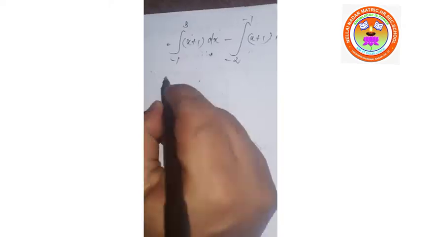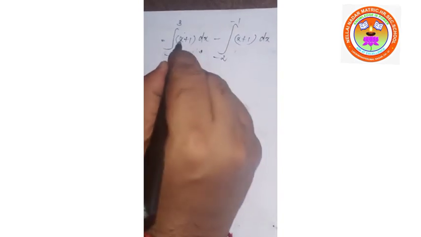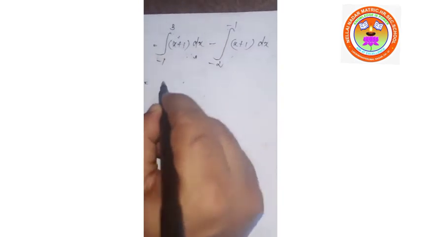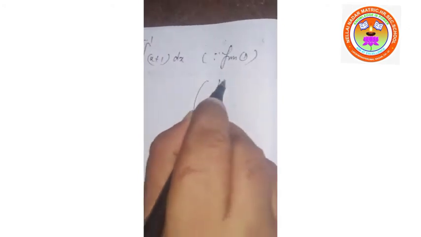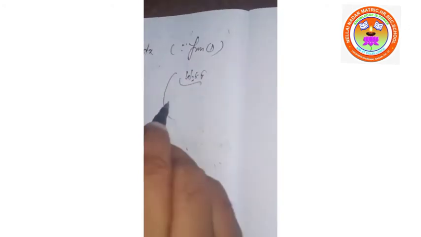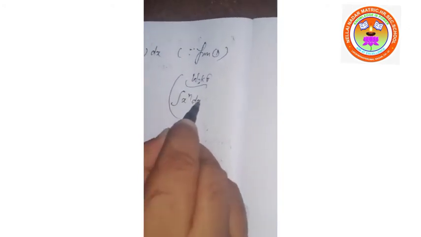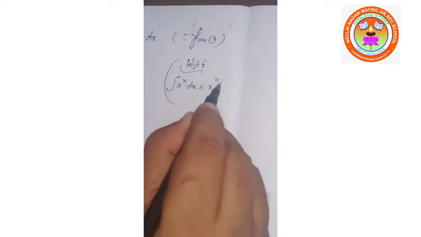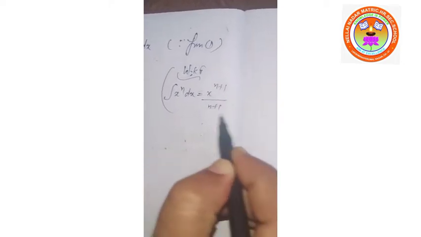Now I have to integrate. After that I have to apply the limits. This is x power 1. So we know that integral x power n dx equals x power n plus 1 divided by n plus 1.